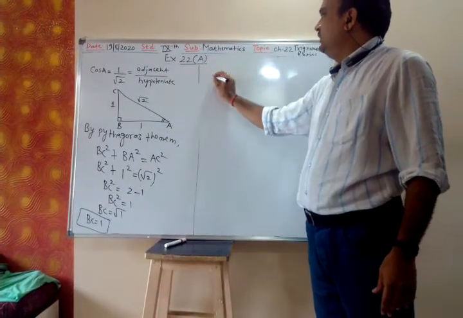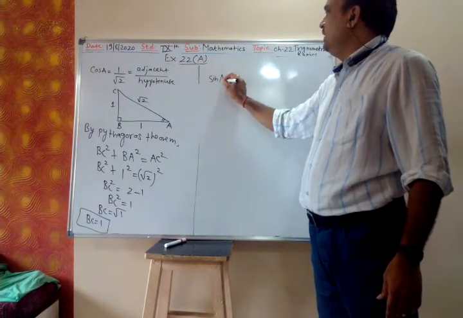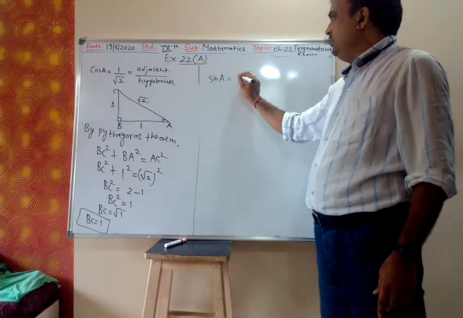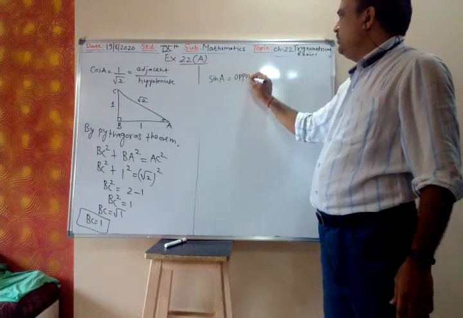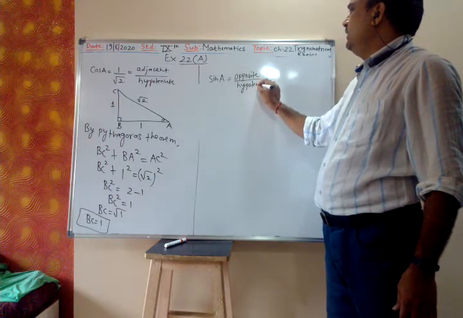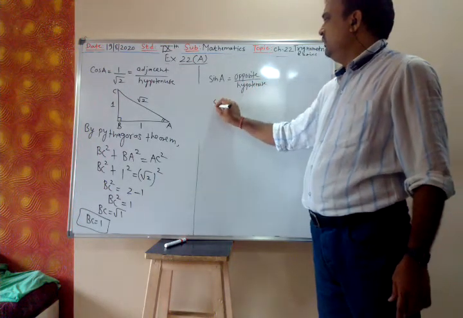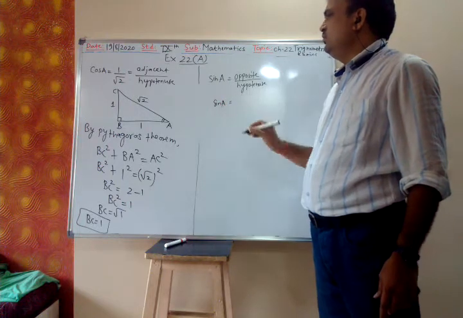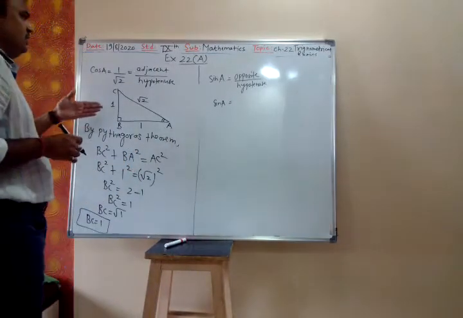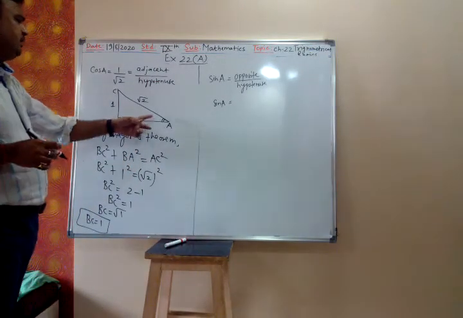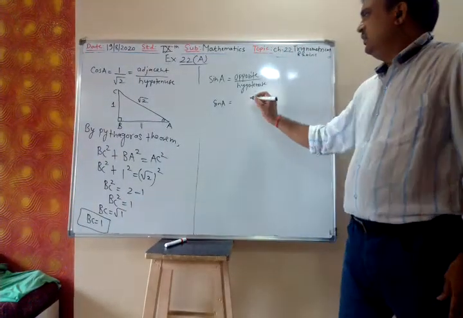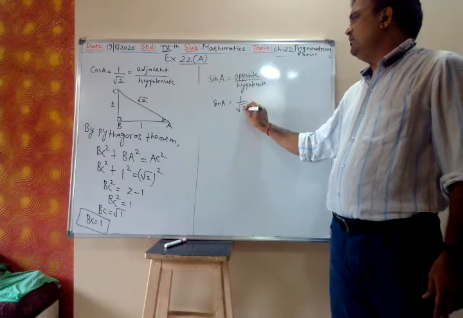Sin A. What is sin A? Sin A is opposite upon hypotenuse. Opposite is 1 and hypotenuse is root 2, so sin A is 1 upon root 2.